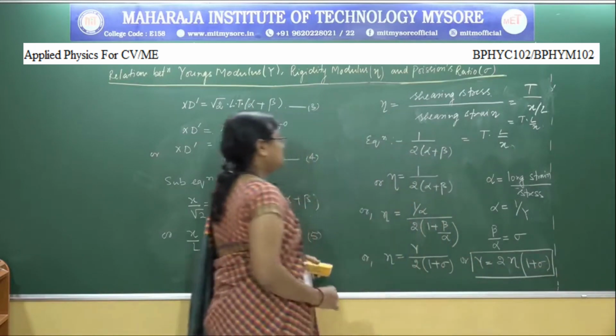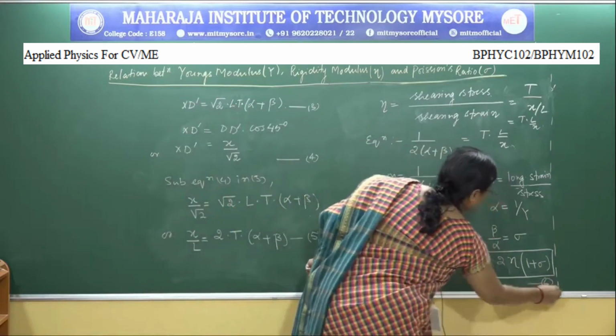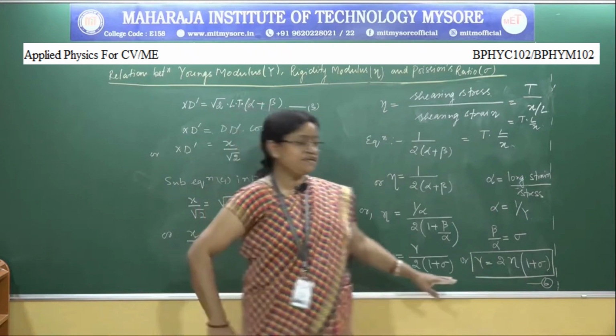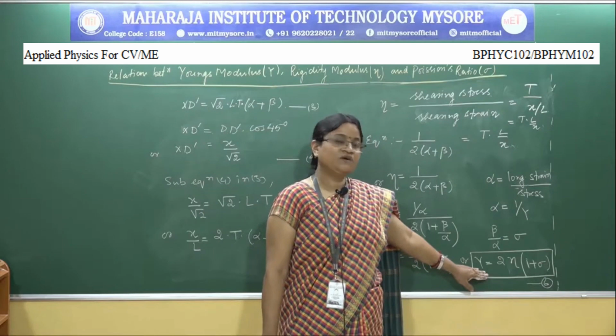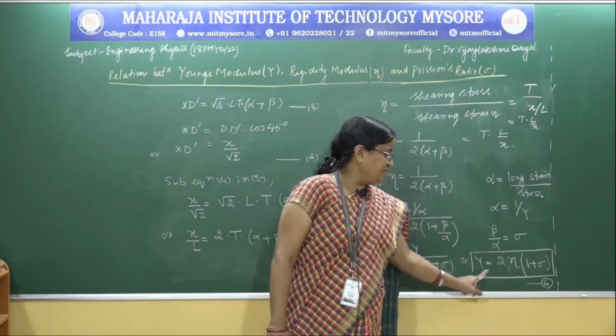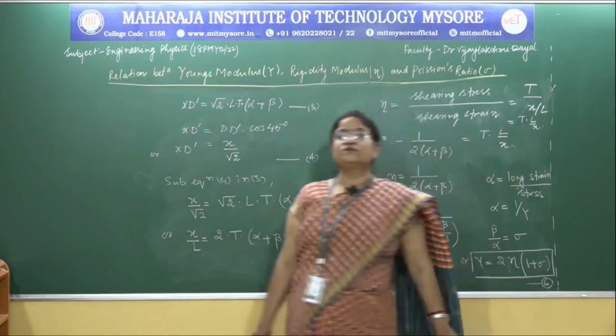So this equation 6 gives the relation between Young's modulus Y, rigidity modulus eta, and the Poisson ratio sigma.